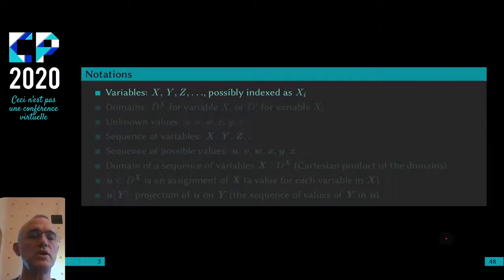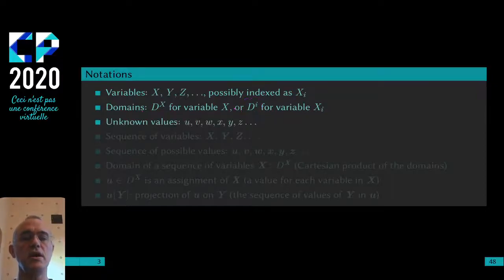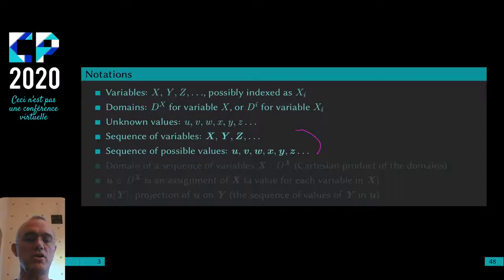We will use the following notation. Variables are uppercase, maybe with indices. The domain is written with d to the x notation, and this for indexed variables. Lowercase are values, uppercases and lowercases in bold represent sequences or sets or lists of variables or values.